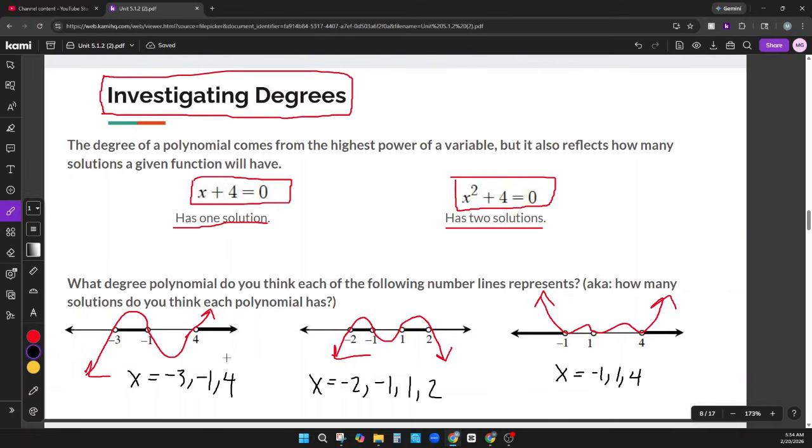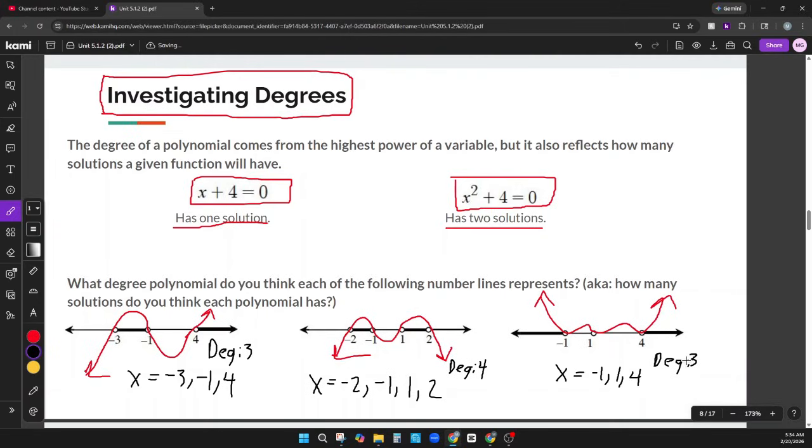So, as we'll learn in later sections, this is not going to be definitive. It does not need to be these particular degrees. But our best assumption that we can do right now is saying that this first function is going to be a degree 3 function. This second function is going to be a degree 4 function. And this last one is going to be a degree 3 function as well.